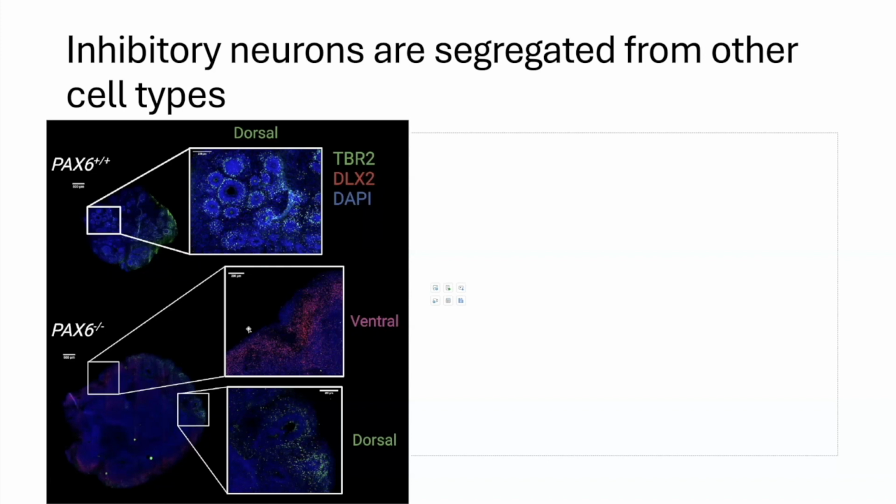So those are just in green. But if we look at the PAX6 mutant, where we don't have any copies of PAX6 at all, we see these inhibitory neurons being shown in clusters. But what is interesting to us is that these red inhibitory neuron clusters are segregated from the green excitatory neuron clusters.